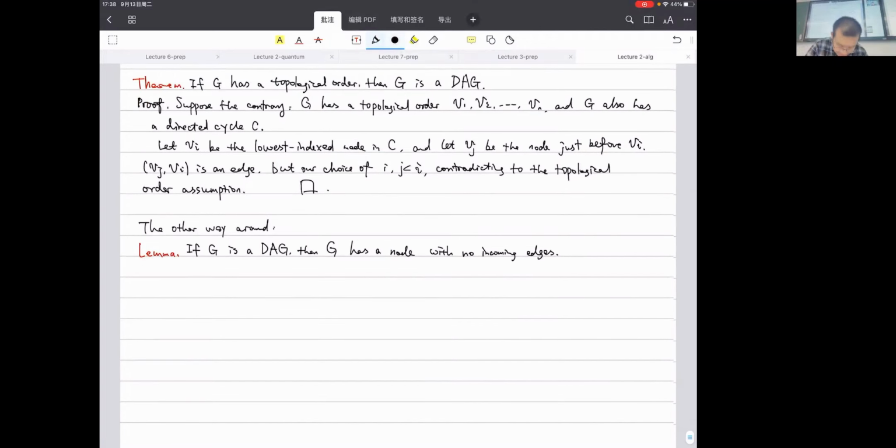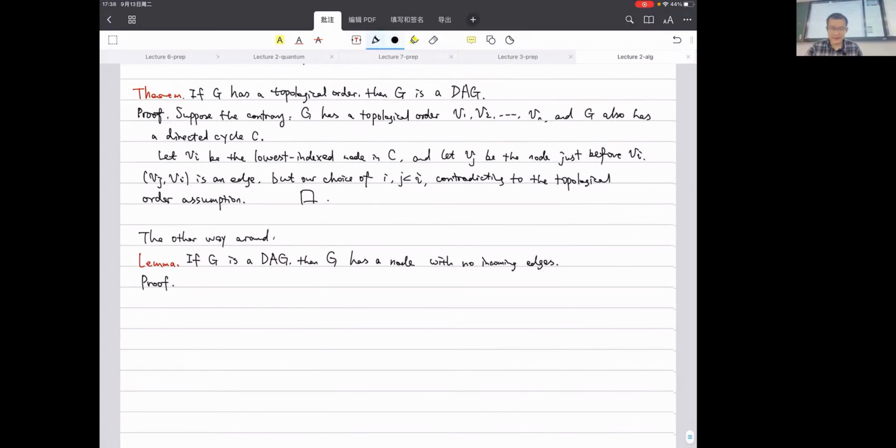So let's do this. We are also going to prove by contradiction, because, as you can see from the theorem from topological order to DAG, this contradiction argument makes everything quite clear. So for this lemma, we are also going to make a contradiction argument. We suppose the contrary. That means that G is a DAG, and every node has at least one incoming edge.